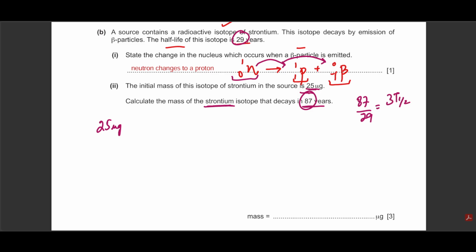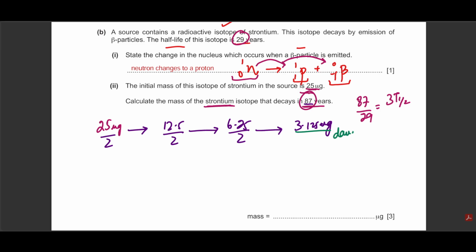We have to wait for 3 half-lives to make 87 years completely. So this will be divided by 2 the first time, we get 12.5, divided again by 2, we get 6.25, divided again by 2, we get 3.125 micrograms. Now, it begs the question, what is 3.125 micrograms of?